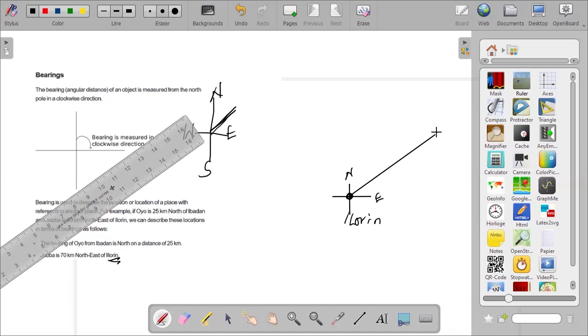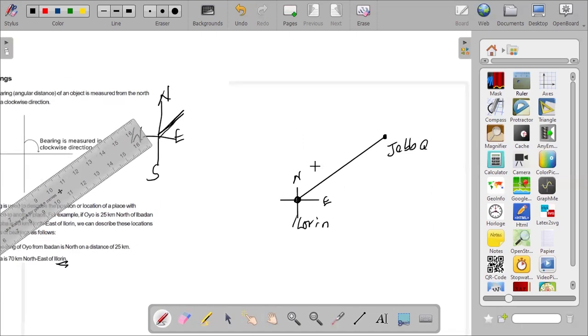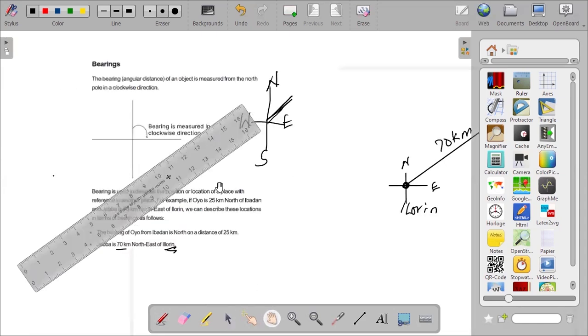Therefore, this position right here is Jeba, and according to the distance given to us, it is 70 kilometers away from Ilorin. That is how to locate the position of places using bearing. So bearing is what? The angular distance of an object measured from the North Pole in a clockwise direction.